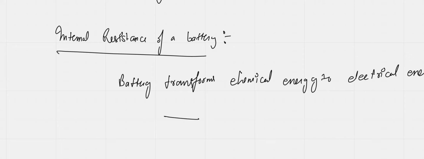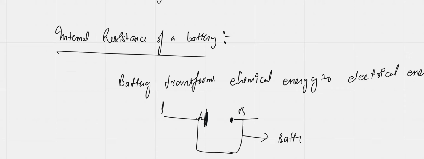Assume this is a going circuit. This is terminal A of a battery. This is terminal B of a battery. And this is the internal part of the battery, with a chemical connection. Because there is a transferring of electrons, this will be acting as a resistance. It's not exactly like this, but you can just think of something like that.